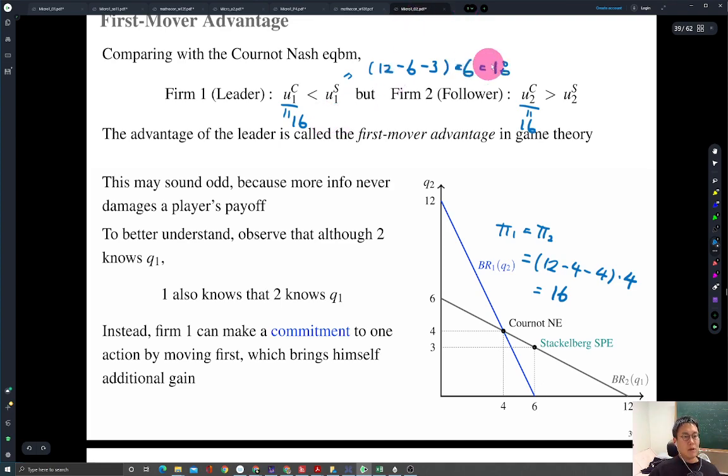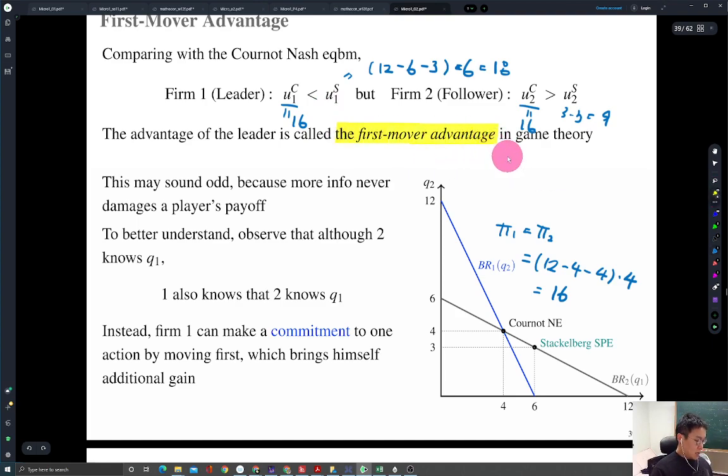So comparing with the Cournot-Nash equilibrium, we can see that the leader can gain a little bit more. On the other hand, the follower in the Stackelberg game has profit 3 times 3, that is 9. So compared to Cournot-Nash, the follower becomes worse. He is getting worse, the leader is getting better. We call that the additional advantage of the leader, the extra gain or extra benefit from moving first, the first mover advantage.